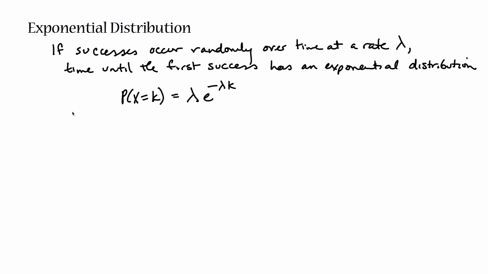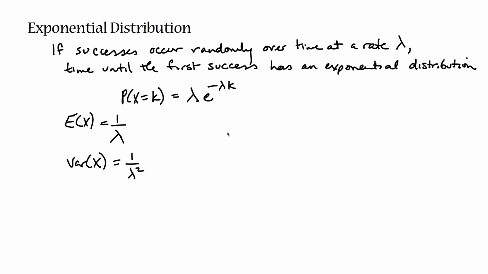And the two important properties of our distribution are its expected value and its variance. The expected value of the random variable x that's exponentially distributed is going to be 1 over lambda. And the variance is going to be 1 over lambda squared.